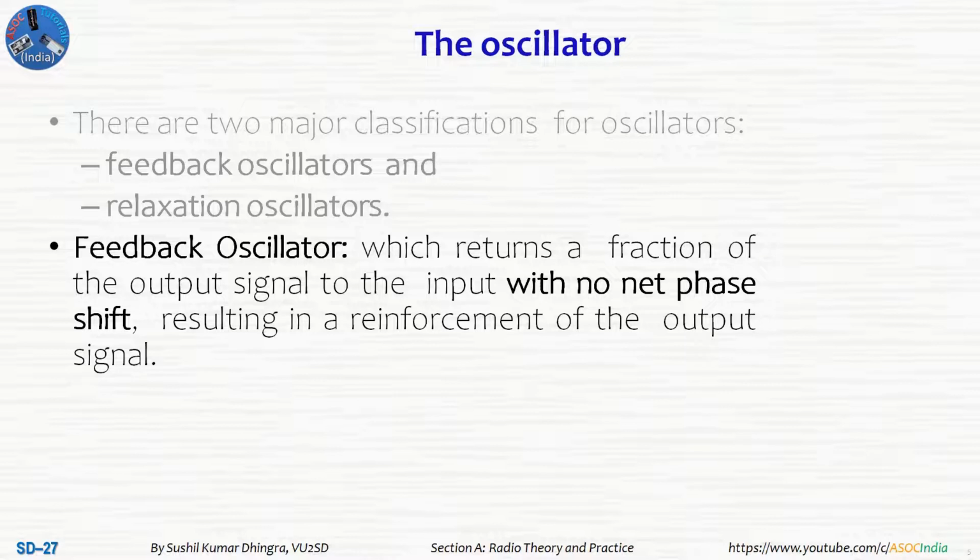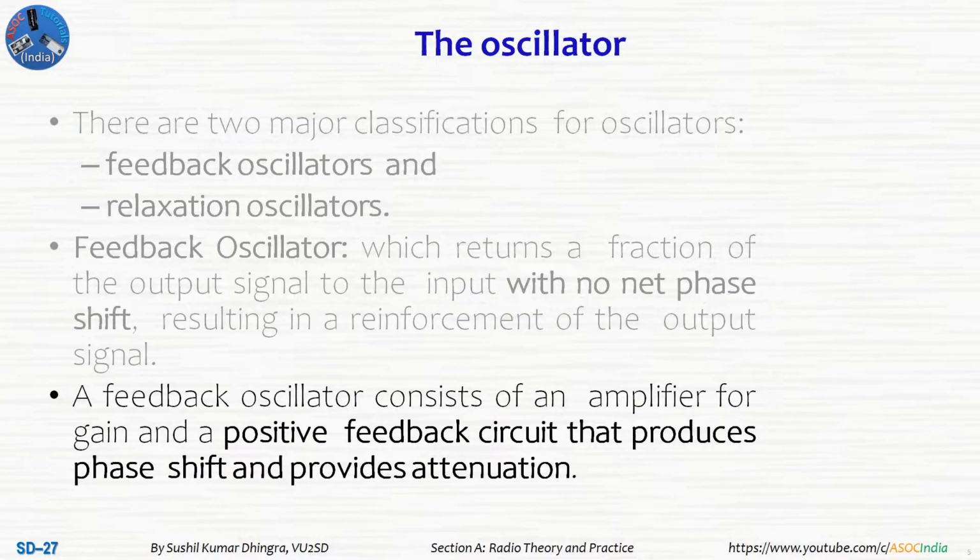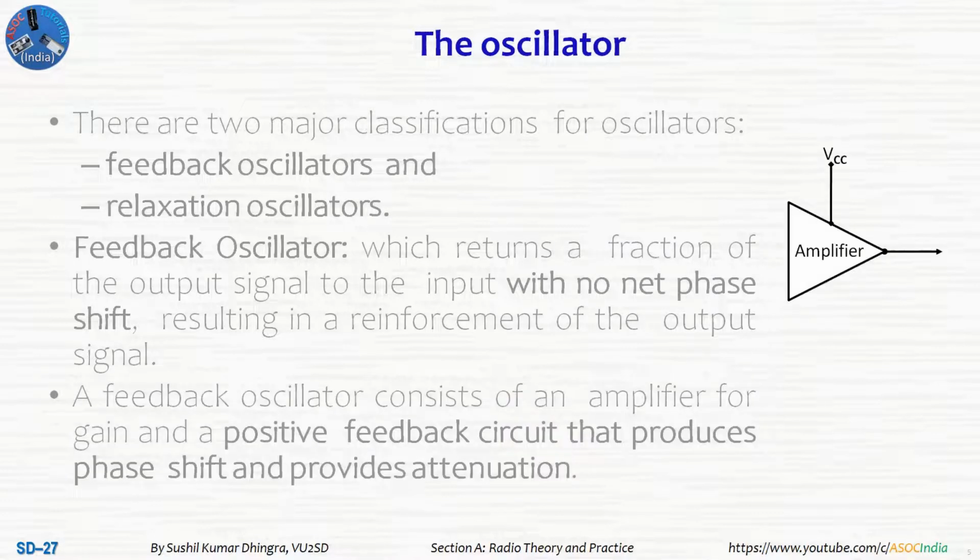The feedback oscillator, the first one, returns a fraction of the output signal to the input with no net phase shift, resulting in reinforcement of the output signal. It means it will boost the signal. A feedback oscillator consists of an amplifier for gain and a positive feedback that produces phase shift and provides attenuation.